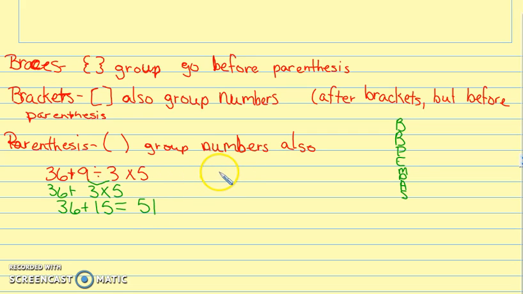Now let's look at Juan's way. We're going to write that same problem again: 36 plus 9 divided by 3 times 5. What Juan decided to do was just go in the order that the problem occurred. So he added 36 plus 9 together, which is equal to 45.